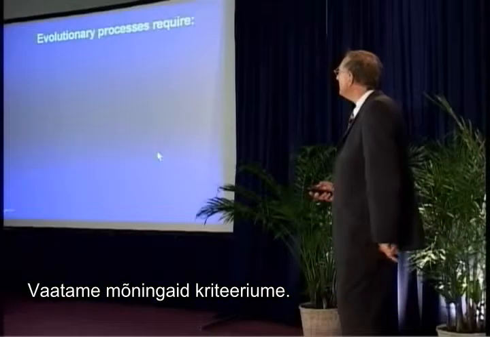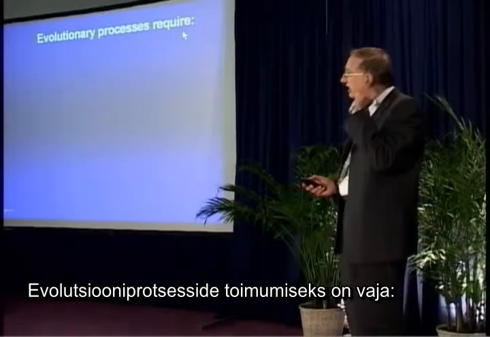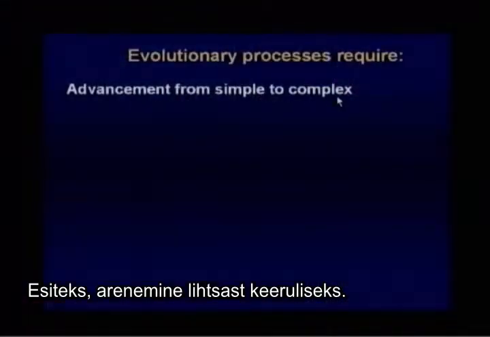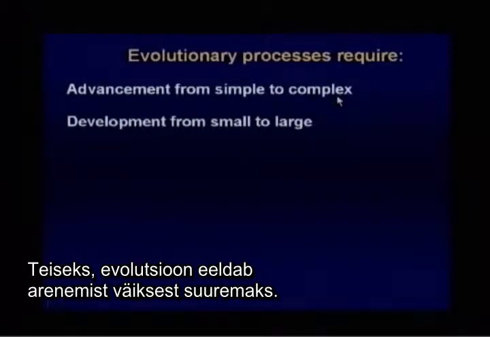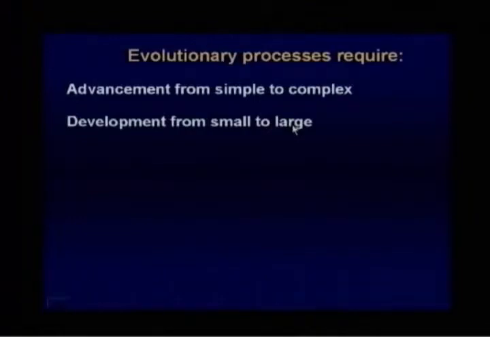Let's have a look at some of the criteria. Evolutionary processes require, number one, advancement from simple to complex. That would be logical, right? That's what evolution requires. Number two, evolution requires development from small to large. That's called the law of Carroll.